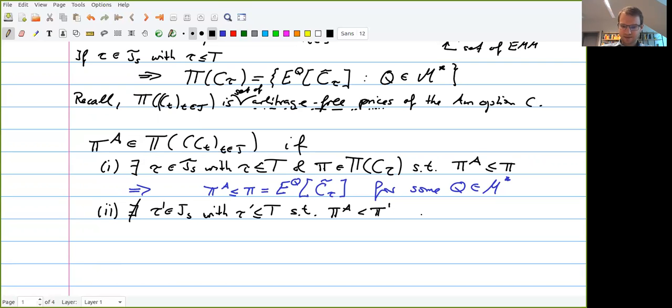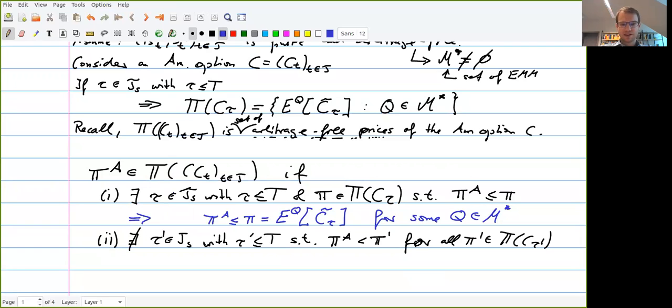So meaning he can stop it in a way so that for all pi, right? So if I consider the stopped European option I generate by stopping with tau prime, this option has always a strictly higher price, among all the martingale measures, than the American one.